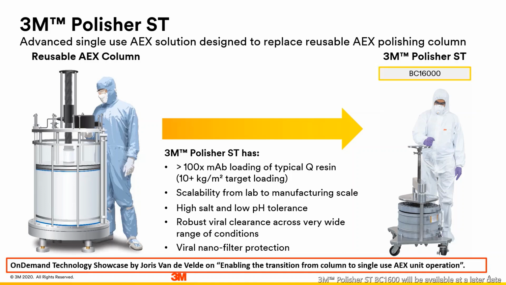It's fully scalable from lab to manufacturing scale. It has high salt and low pH tolerance and robust viral clearance across a very wide range of conditions, in addition to viral nanofilter protection. So again, this is essentially bringing improvements to the process by downsizing the polishing column.